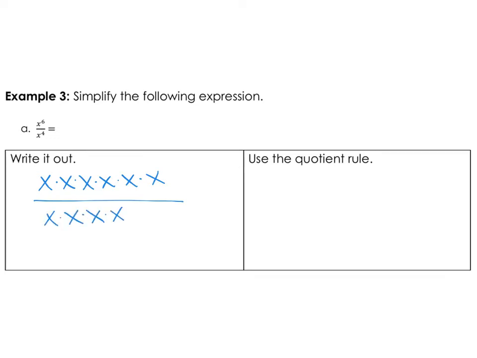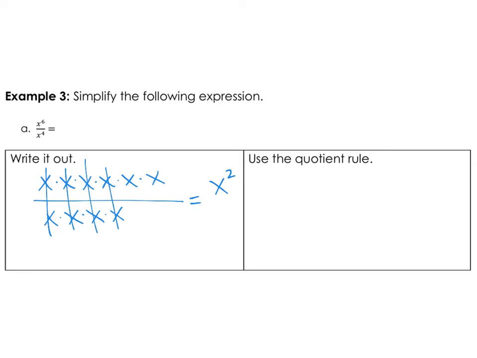So if I simplify this, whenever I have the same thing on top and bottom of my fraction, those things can cancel because something divided by itself equals 1. So I'm going to cancel anything that pairs up. So everything that paired up on top and bottom was canceled, leaving me with x times x on top, which I can write as x squared.